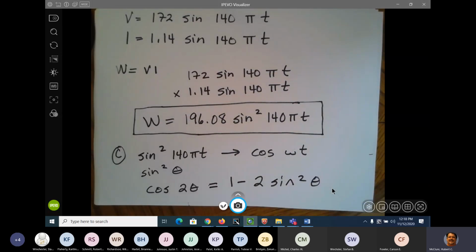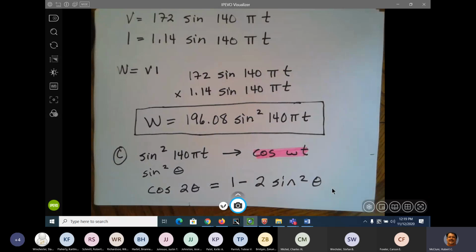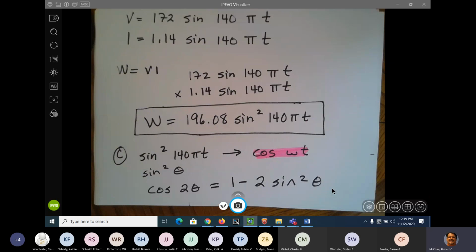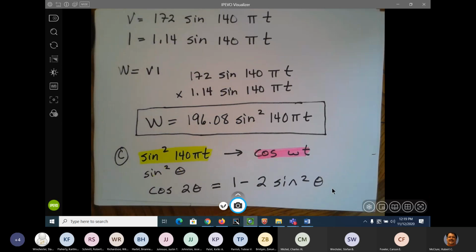Now, how did I come up with that? Well, I know that my answer needs to look like this because of what the question tells me. And I know that I've got something like this, which looks like sine squared theta. So do I have an identity that's got cosine of something equals sine squared?